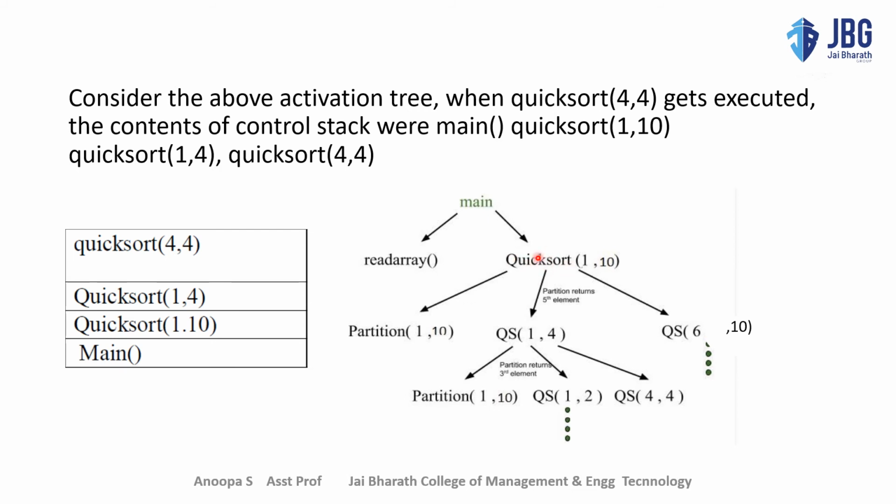Then the activation of quicksort 110 is created. When this is called, it is pushed to the stack. When this is called, this is pushed to the stack. Till when the QS44 activation is created, it is pushed to the stack. Thus, if I have a node at the top of the stack, I will have a path from root to that particular node in the stack.